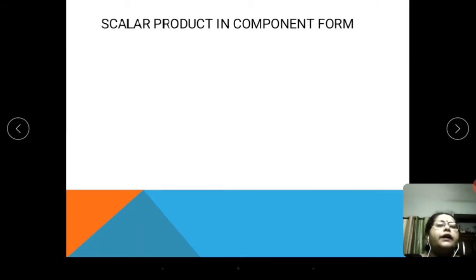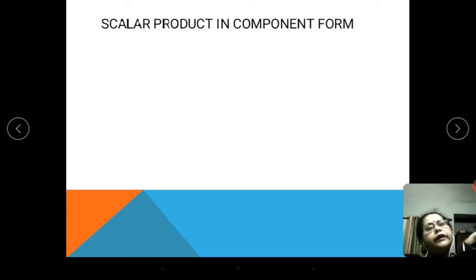Now we will see another very important thing, scalar product in component form. This representation of a vector in component form was also discussed in our previous session lecture. If a vector OP represents the position vector of a point P whose coordinates are x, y, z, we remember that this vector OP has the scalar components x, y, z, or it can be represented as xi plus yj plus zk.